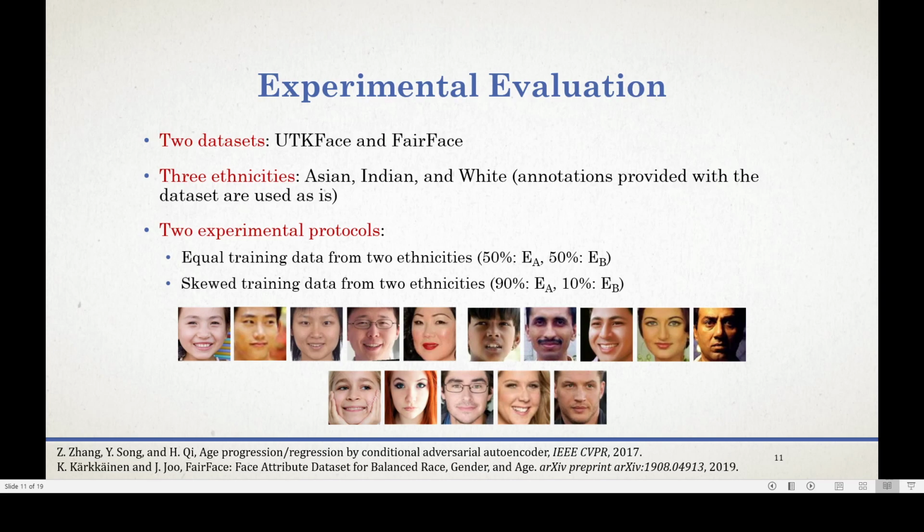Further, the proposed approach is evaluated on 2 protocols. One using balanced training data for the 2 ethnicities and the other with skewed training data. Under skewed training data, the training set consists of 90% of the images belonging to one ethnicity and the remaining 10% to the other ethnicity.